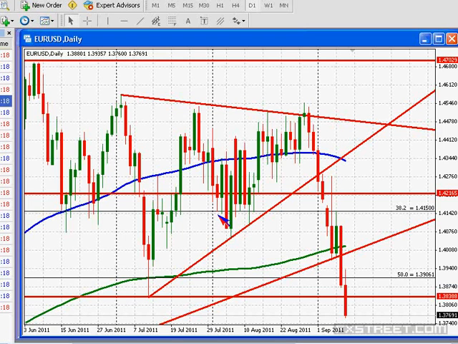But in my analysis, and what I try to tell traders, is that it's not only about this daily chart, it's about combining this daily chart with what may be going on in an hourly chart, or what may be going on in a 5-minute chart. Those are the three different charting time frames that I look at.